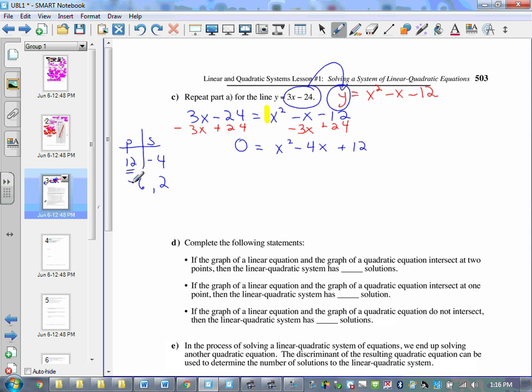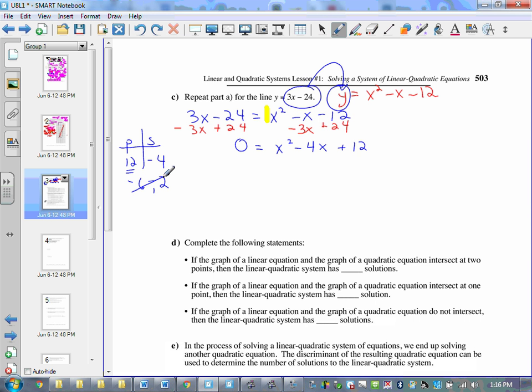No. Will negative 6 times negative 2 equal negative 4? No. So that doesn't work. Try again. Can we multiply the whole thing by negative 1? Are you allowed to do that? We'd still have the same factors. Oh, it was backwards, because it was negative 12 and positive 4.